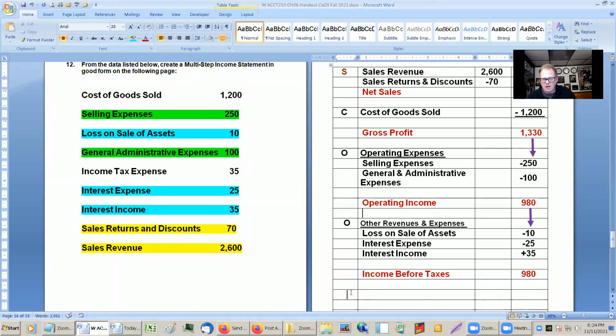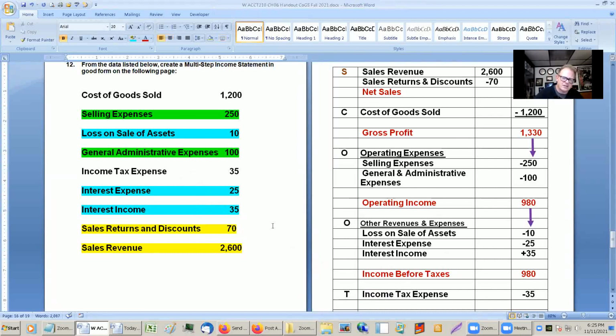Okay, and lastly, we have T, which is for our income tax expense, or just tax expense. 35. They usually don't make the numbers the same. There's two of them that are the same number.